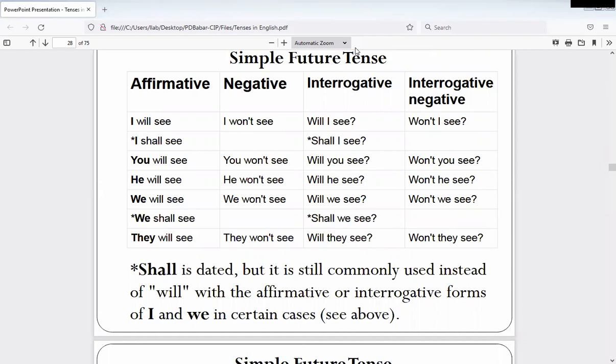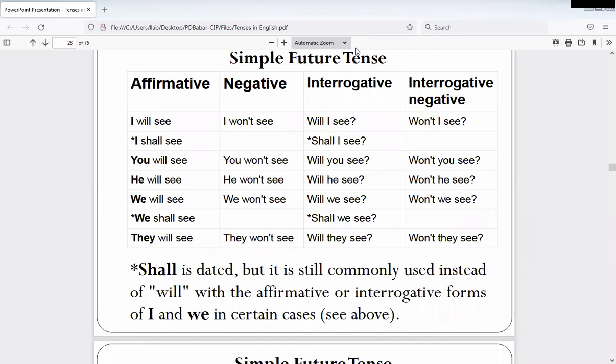Then second is shall. Talking about shall, we are using shall as well as will in front of I and we. So shall is used only after I and we, but will is used after all the pronouns. So I shall see is the affirmative, its negative will be I shall not see.